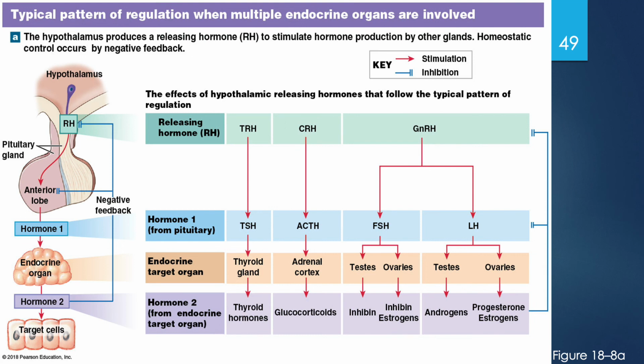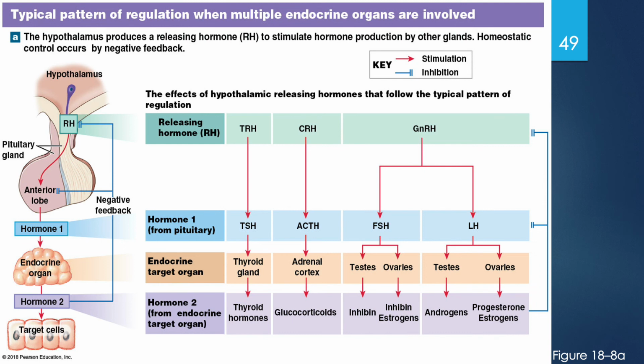Upon release, it'll come down to the pituitary gland and stimulate it to produce thyroid-stimulating hormone. That thyroid-stimulating hormone does exactly what it sounds like. It stimulates the thyroid gland to release thyroid hormones throughout the whole body.